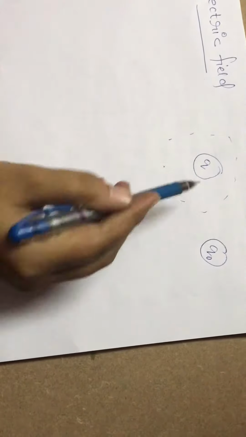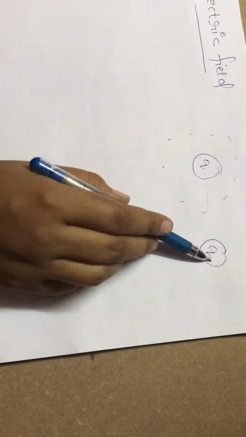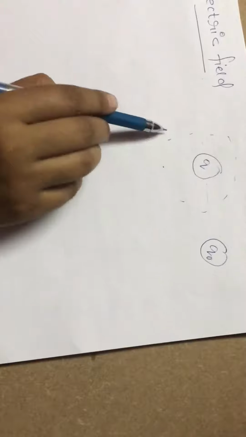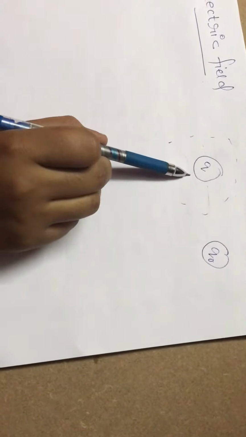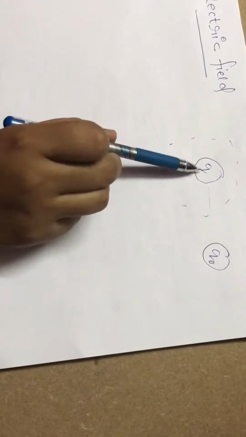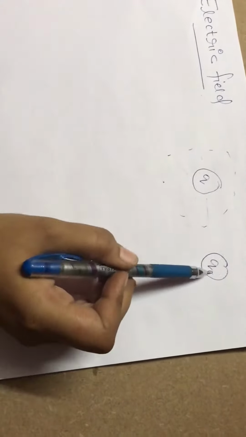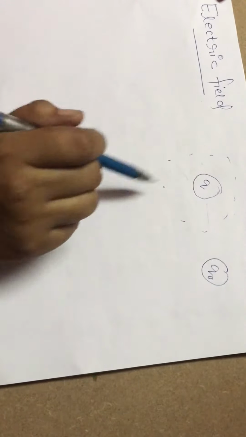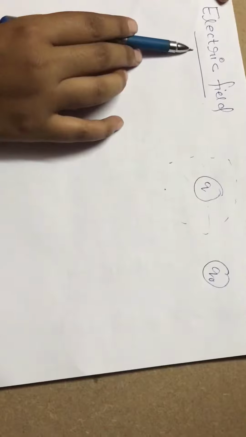This space is called the electric field if, up to this distance, when we bring another charge, it is attracted or repelled by this charge. So if any other charge experiences an electrostatic force in a particular space, this is called the electric field.